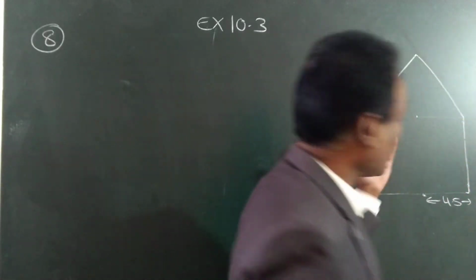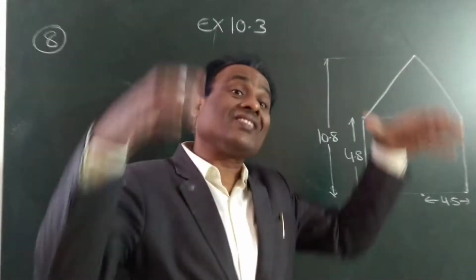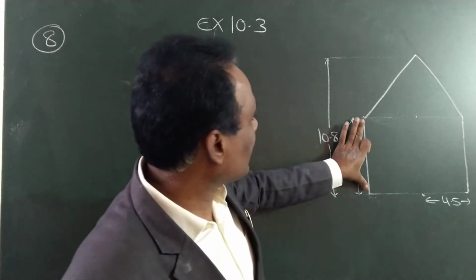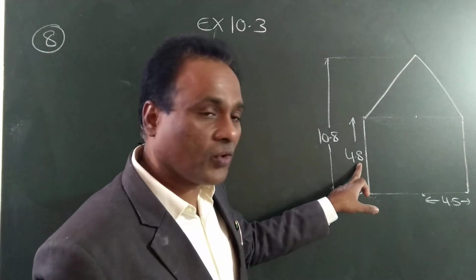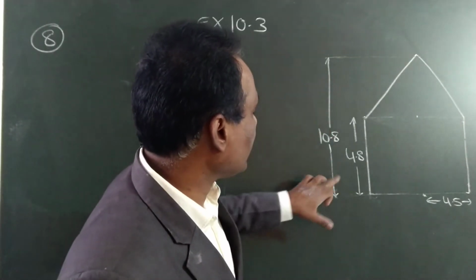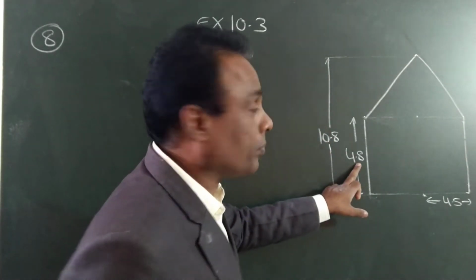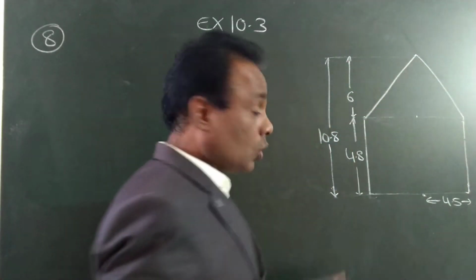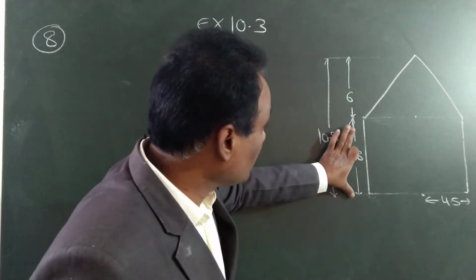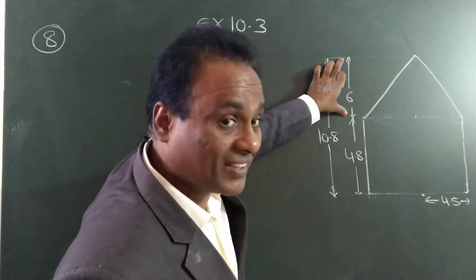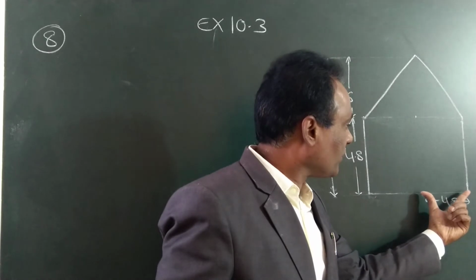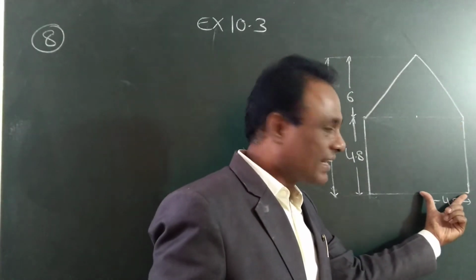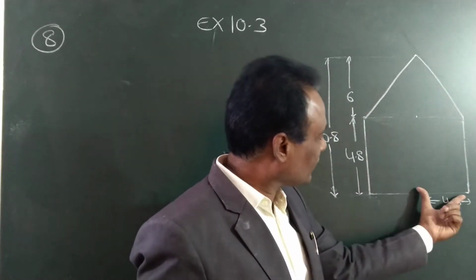A tent is in the shape of a cylinder and a cone. On top of the cylindrical portion there is a cone. The cylindrical portion height is 4.8. Total height is 10.8. 10.8 minus 4.8, the remaining portion will be 6. This radius is 4.5, and the cone radius is also 4.5, because cylinder radius and cone radius are the same.